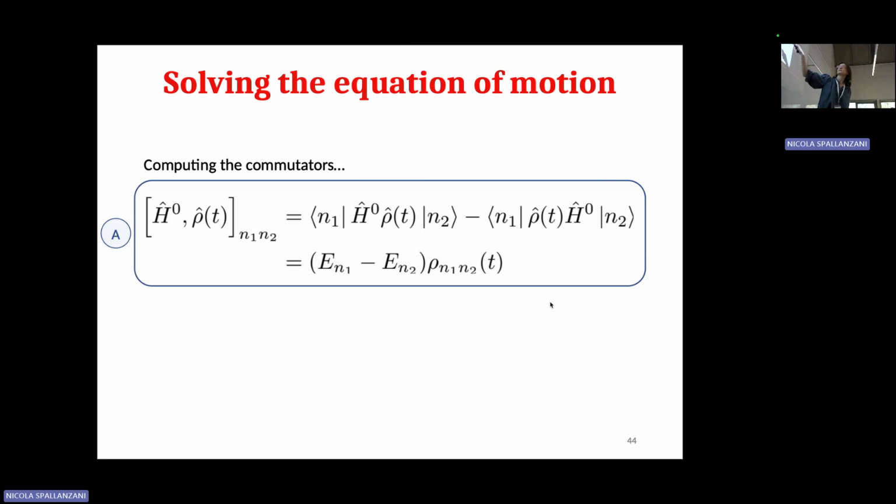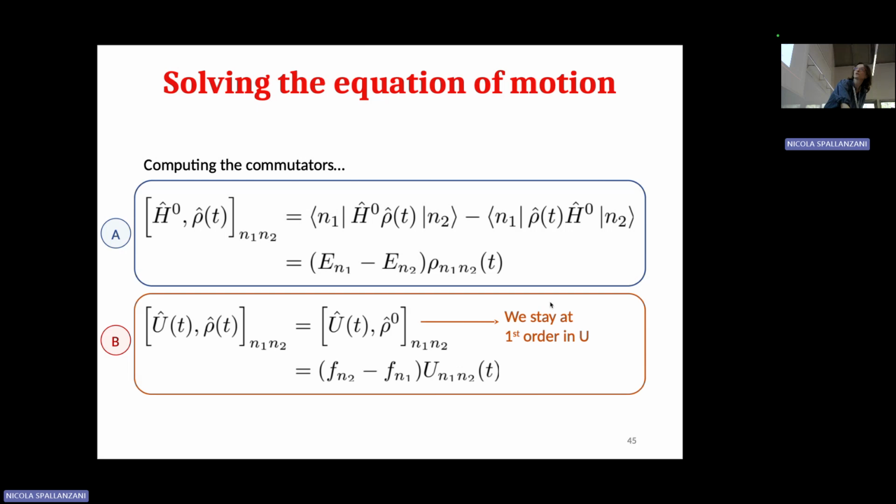The first one, the commutator of H0 and rho, gives the energy difference, while the second one gives the difference between the occupation factors.